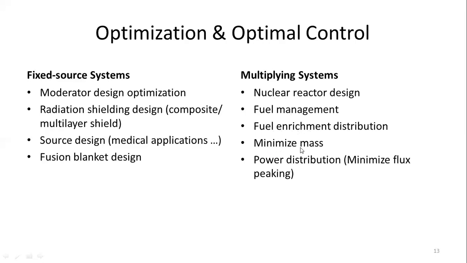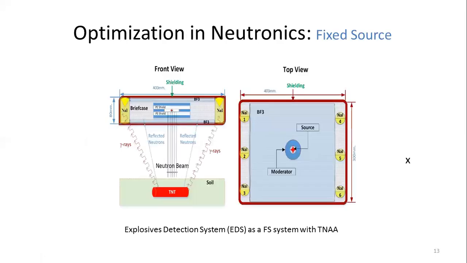You could look for minimum mass for space reactors in future. And you could distribute the fuel so that you get a uniform power distribution. You could minimize the flux peaking. This is a very important area in reactor design and operations.